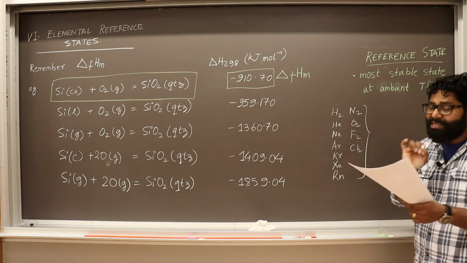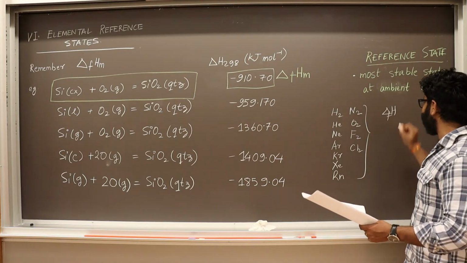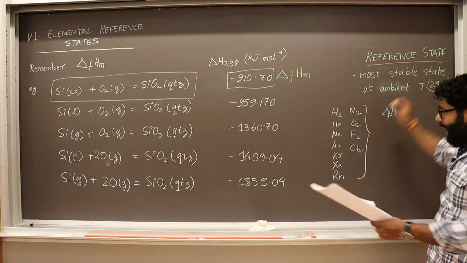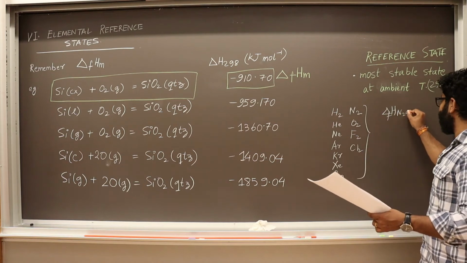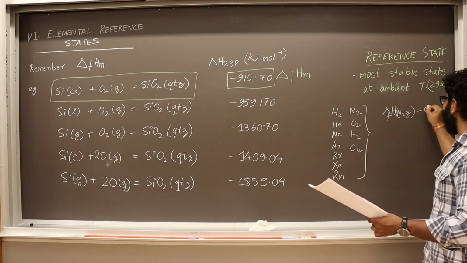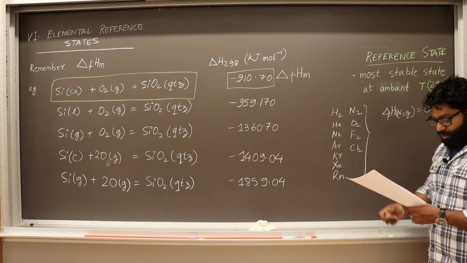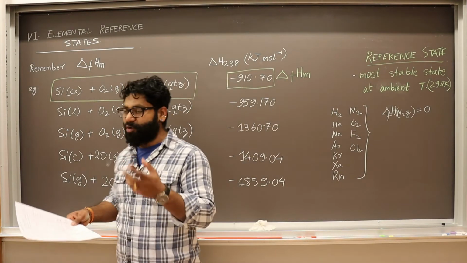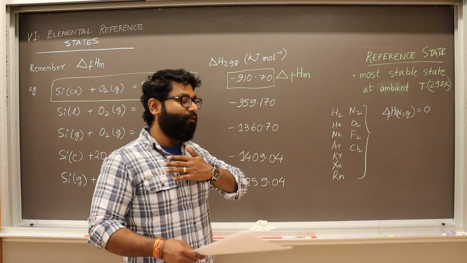So the delta H of formation of nitrogen gas will become 0 if it is in its elemental reference state. This solves the problem of the baseline. So we have the baseline for everything.